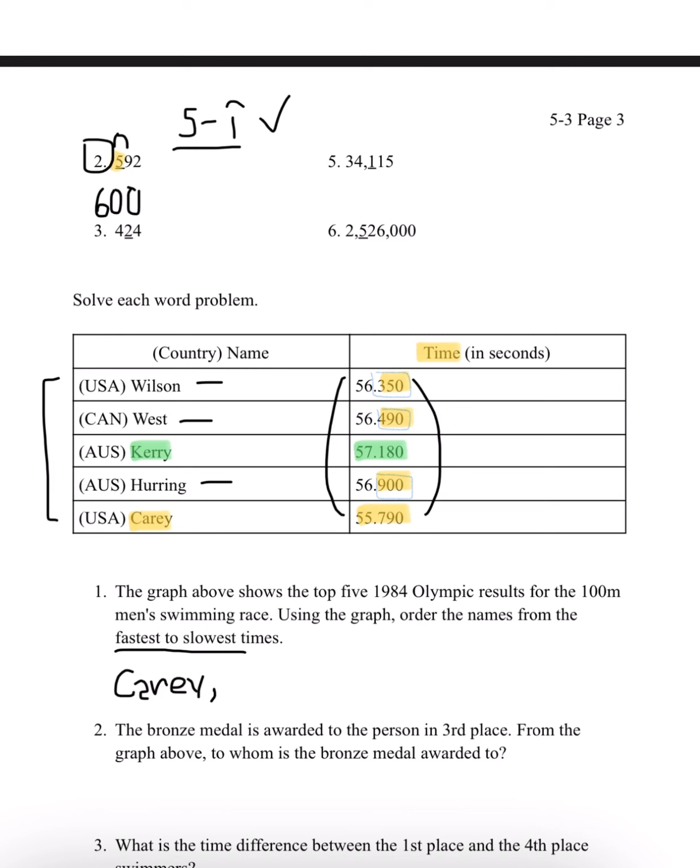So that means Herring is the second fastest. Oh, I mean, Wilson is the fastest, as for the time, it has to be the one that has the shortest time. So we see that Wilson has 350, which is smaller than 490 and 900. So Wilson is the second fastest.